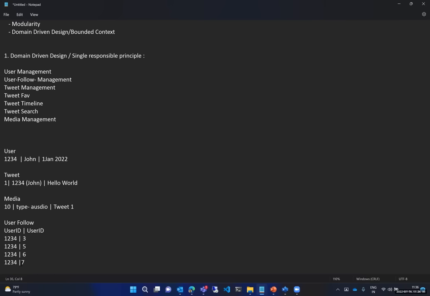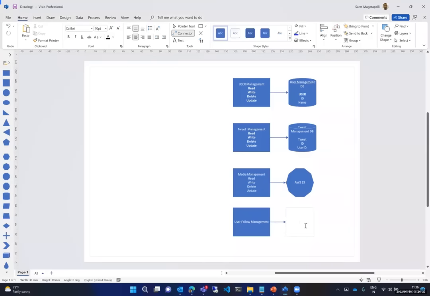That's how I'm maintaining that user follow table. And this one-to-many relationship is being managed via this particular component or module. Hope I'm making sense.